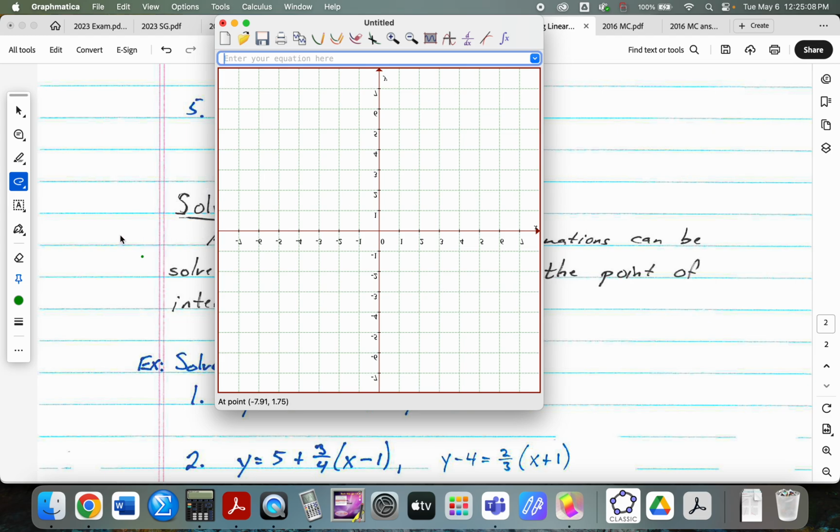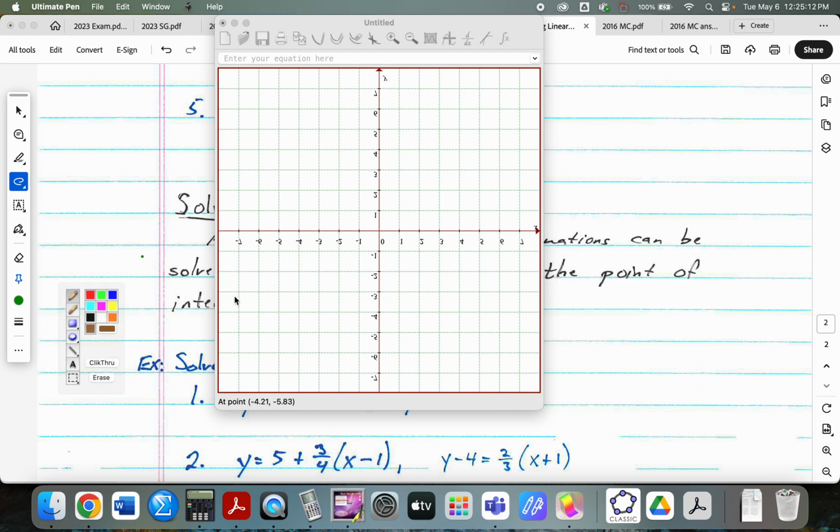So these are both in point slope form. So the first thing I need to know is what point does this go through? This is going to go through the point +1, +5.